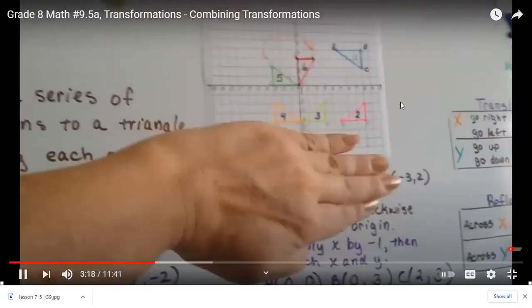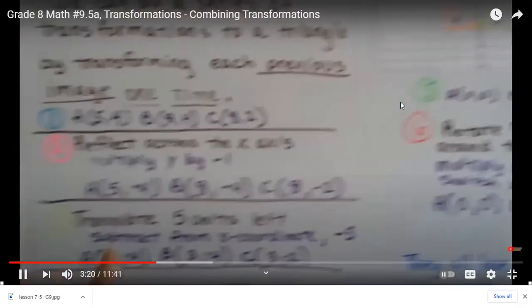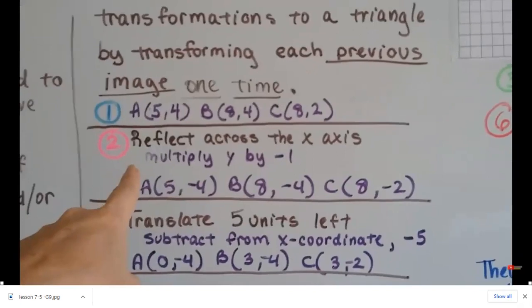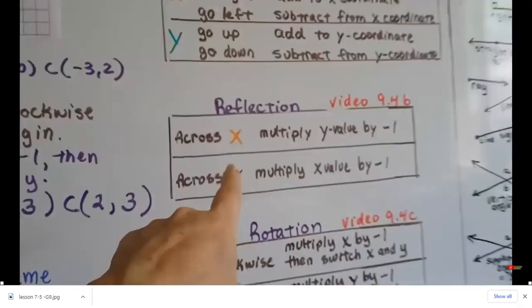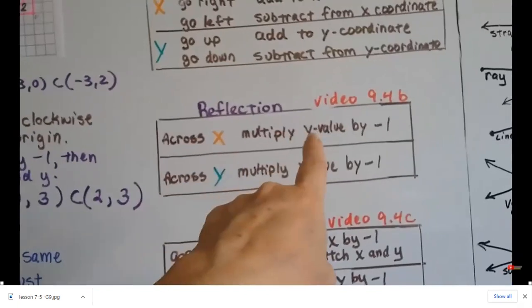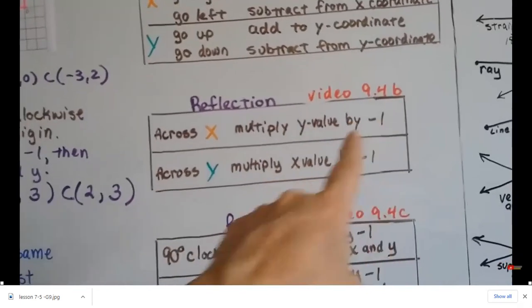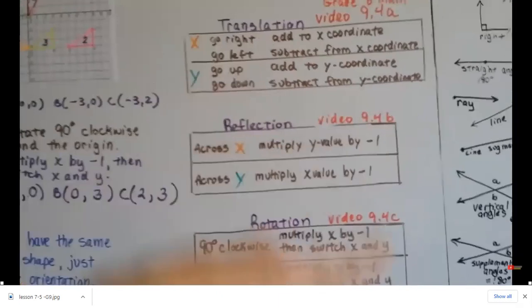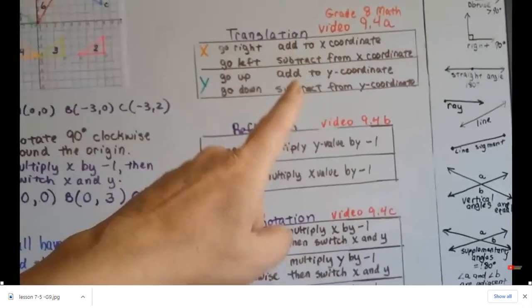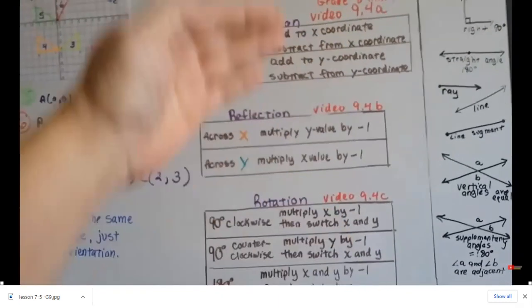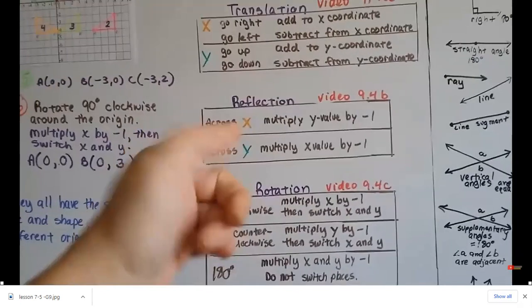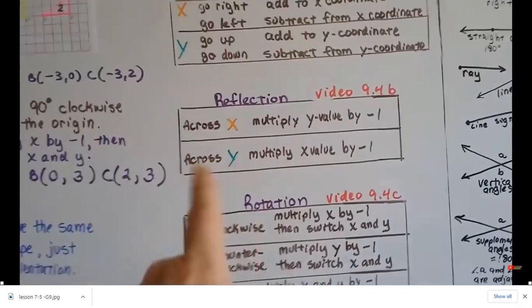For number 2, we want to flip it down like that. If you want to reflect across the x-axis, we have to look at our rules. Reflection across x, so we multiply the y value by -1. If you don't know what these rules are, you need to go back and watch 9.4a, b, and c to learn these rules and write them down. This is just a quick review because we've already covered this.